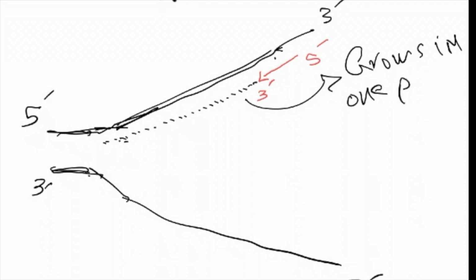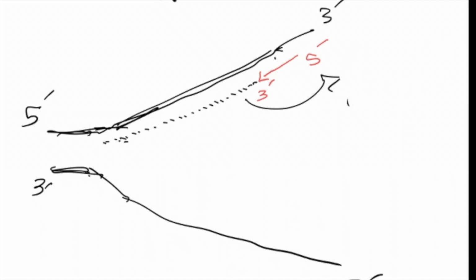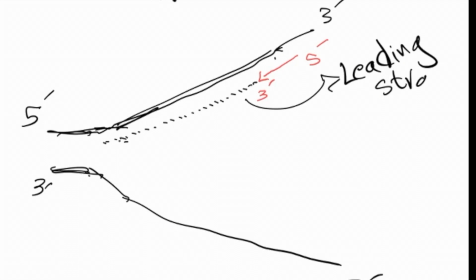It grows in one piece. Now, what do we call this strand that grows in one piece? We call it the leading strand. So note that the leading strand is the strand that is being newly synthesized.